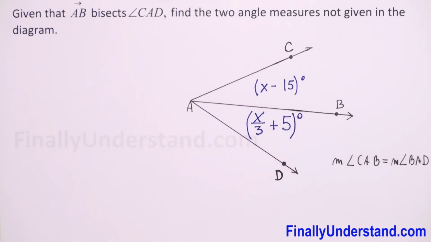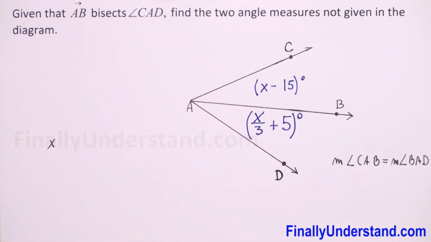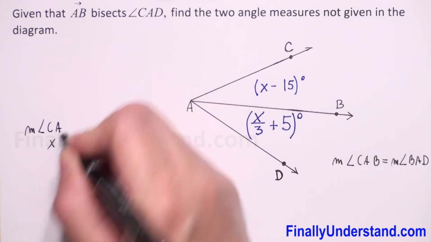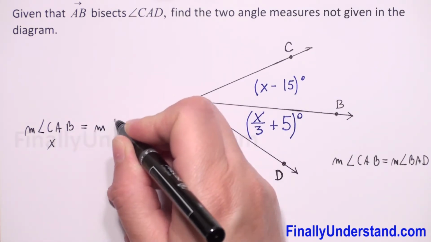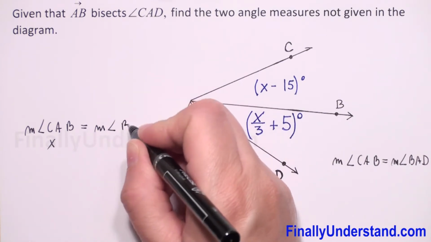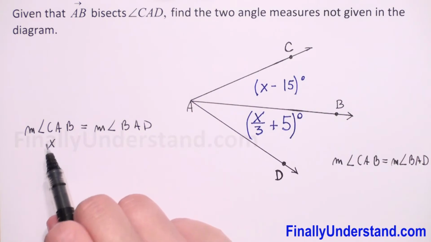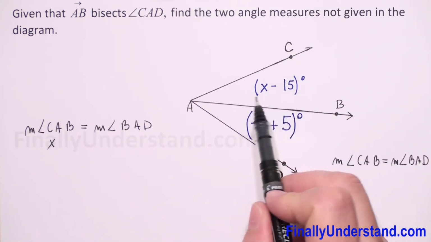Let me copy this equation first. We have the measure of angle CAB is equal to the measure of angle BAD. So the measure of angle CAB is equal to this expression.